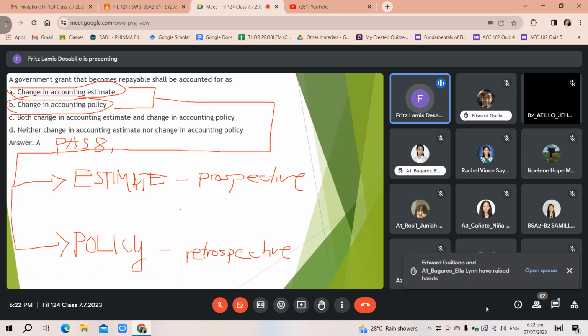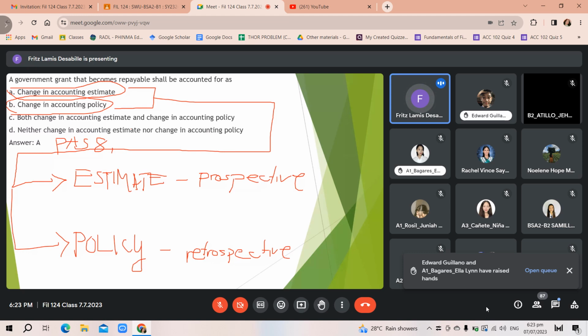Now, change in accounting estimate, guys. Let me check kung sa definition jud ani. Pero basically, ang change in accounting estimate, as what the word implies, there is just a change in the way we measure something. Say, for example, property, plant, and equipment.